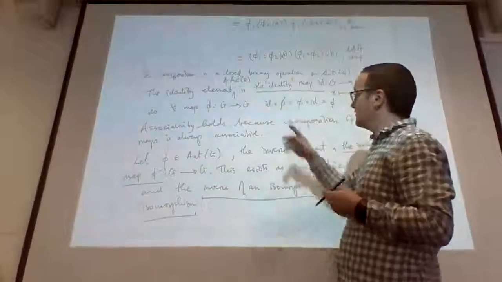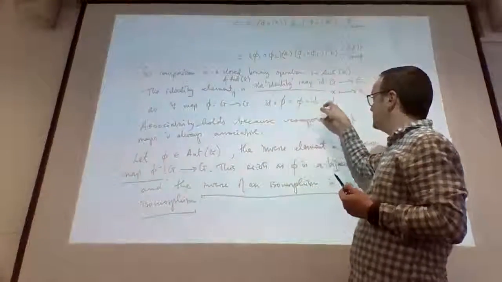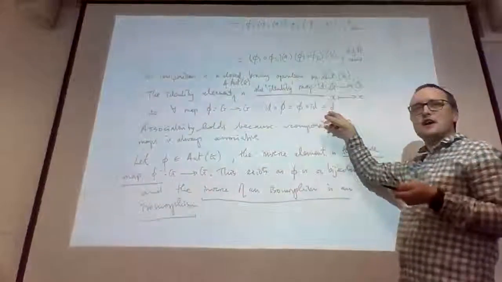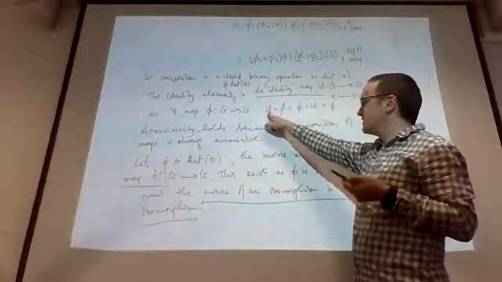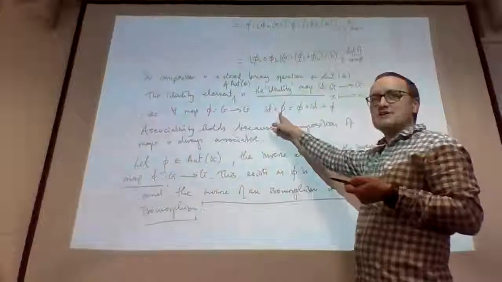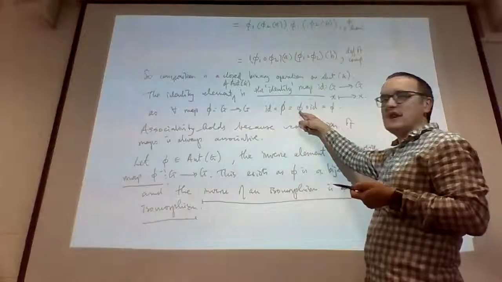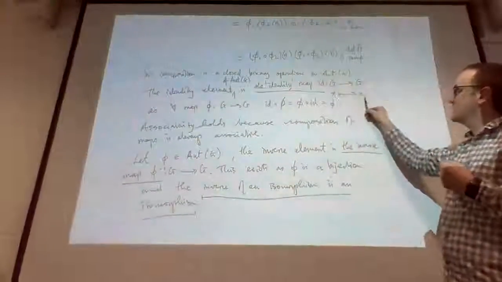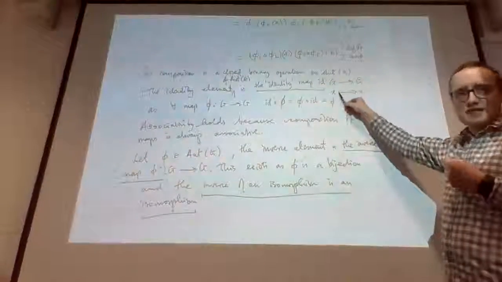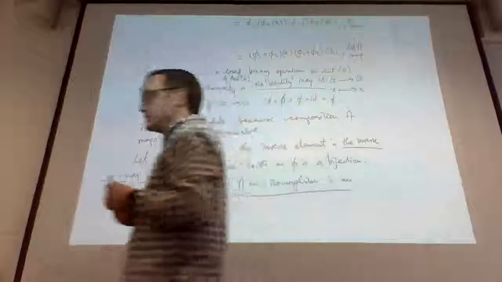So you're looking for a special function that when you compose it with phi on either side, you just get phi. It doesn't change phi. So the identity function does nothing. It leaves everything unchanged. It just sends an input x to the output x. It's the identity.